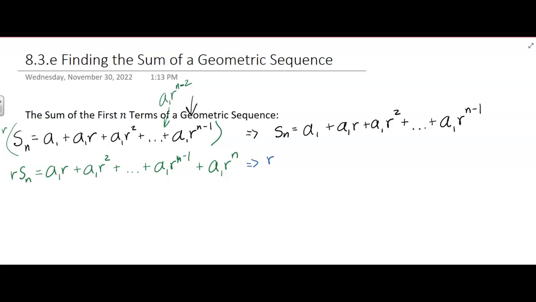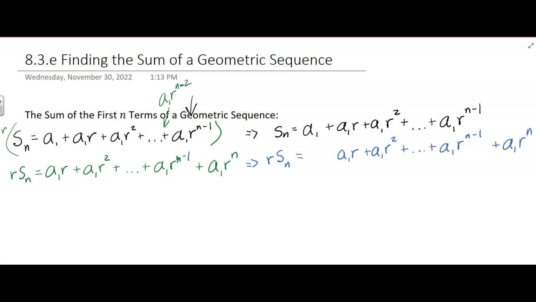Now it's blue, r times s sub n equals, now I'm going to scoot them all down a little bit so they line up. So I have a sub 1 r here plus a sub 1 r squared plus, then I'm going to have plus a sub 1 r to the n minus 1 plus a sub 1 r to the nth.